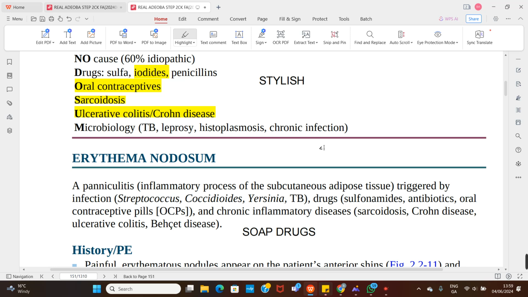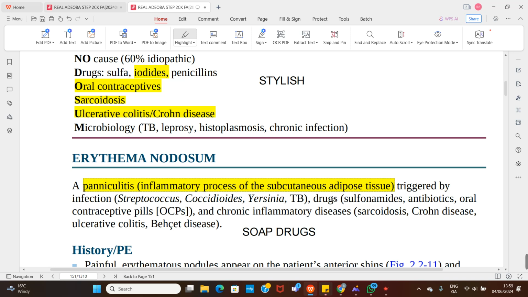But what you are looking out for is a panniculitis. The panniculus is just subcutaneous tissue. Inflammation of the subcutaneous adipose tissue is the cause of erythema nodosum. It is an inflammatory process of the subcutaneous tissue, and it's very painful because of that.